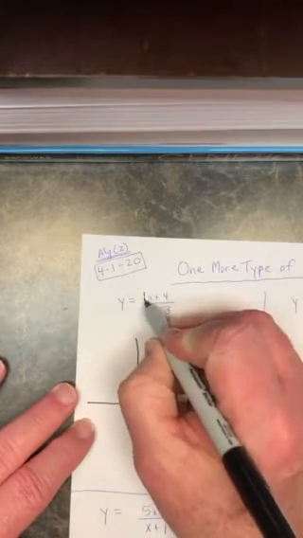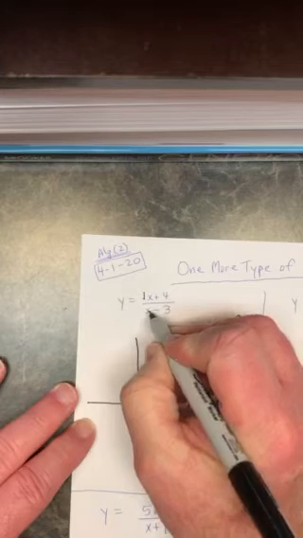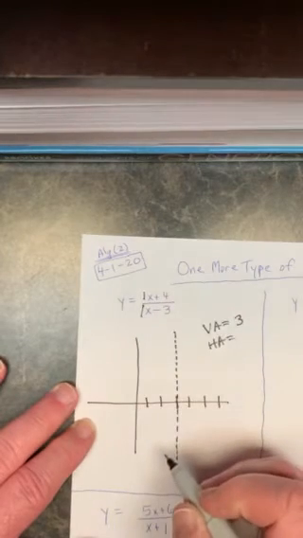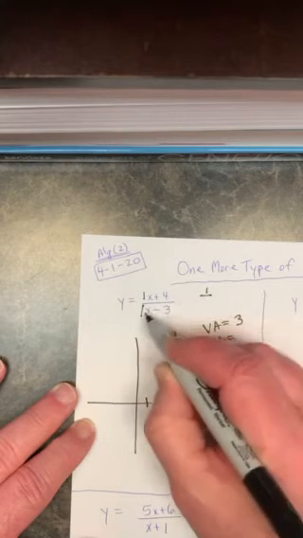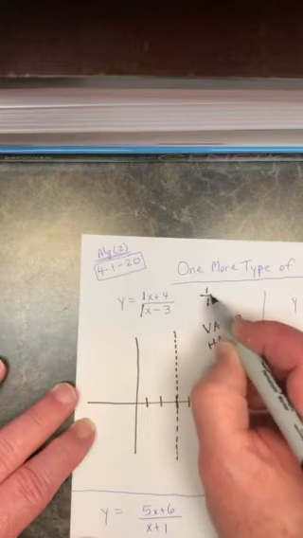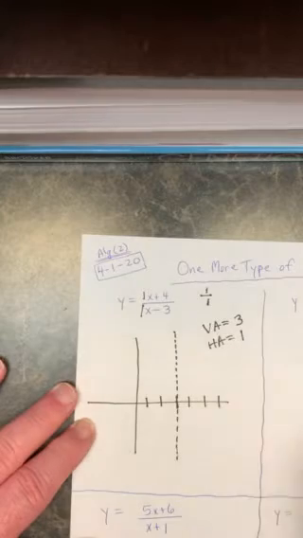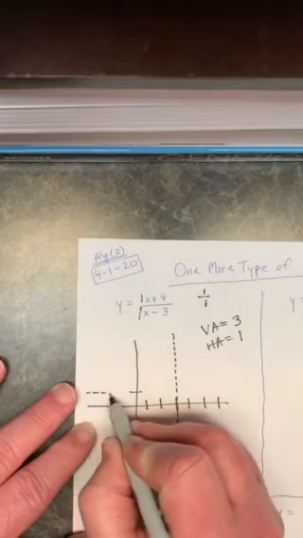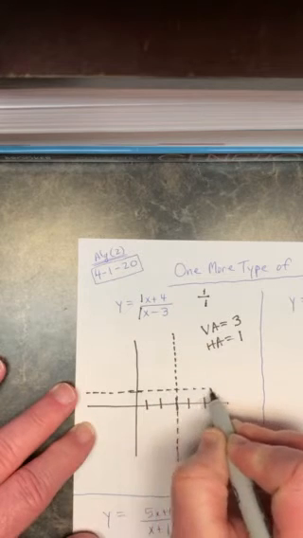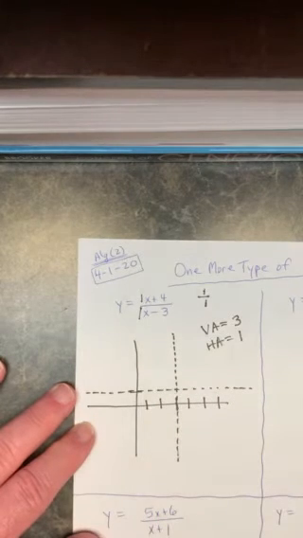This x has a 1 in front of it, and the bottom x also has a 1 in front of it. So we literally take that 1 and put it over top of that 1, and 1 over 1 gives us 1. And I'm going to go up to the number 1 and draw my horizontal asymptote right through there.